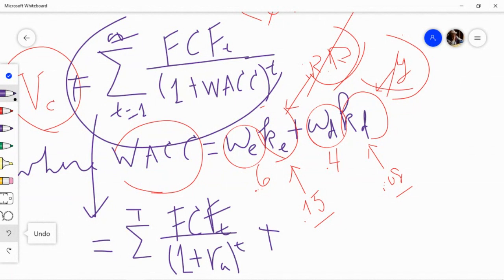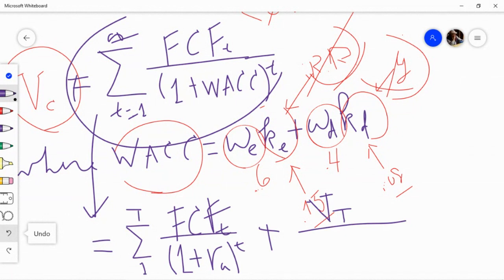Plus t, time running from 1 through capital T. And finally, that means at capital T, there is actually the value of the firm at time T. Right? In the slide, it's PT, but we are talking about the value of the firm, the value of the company.